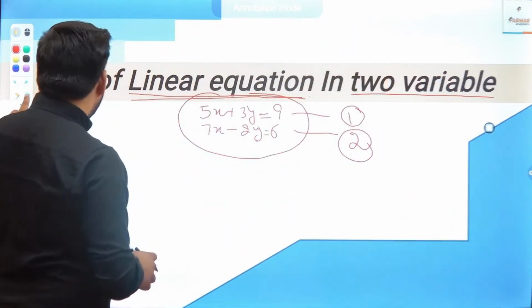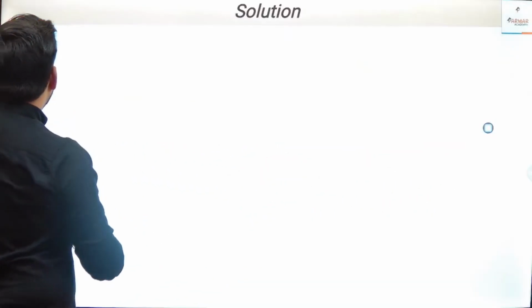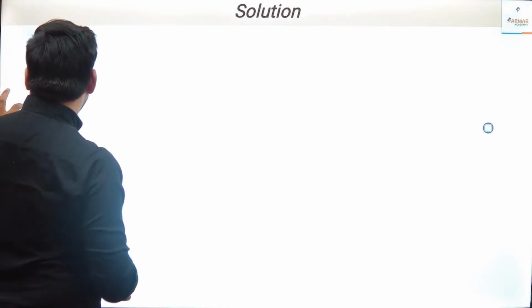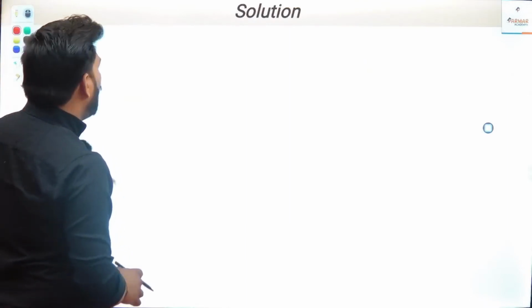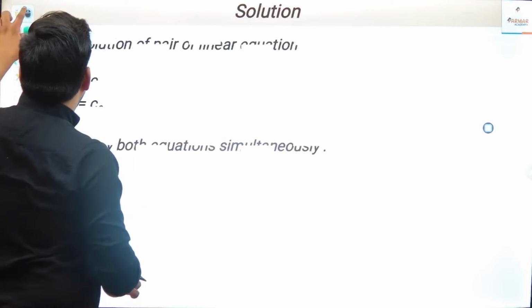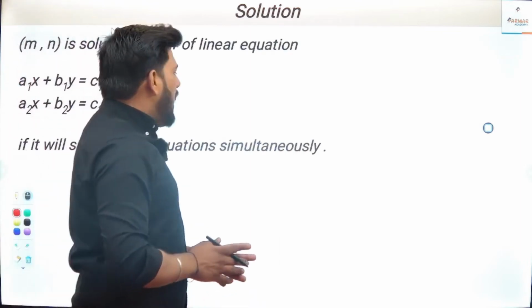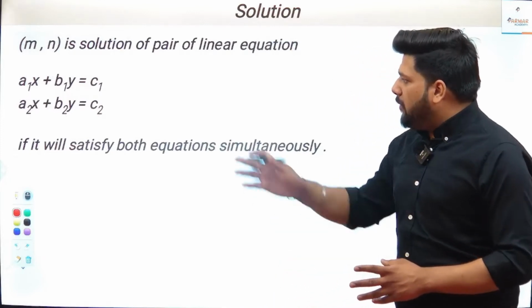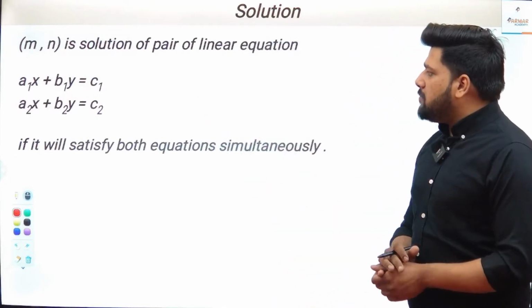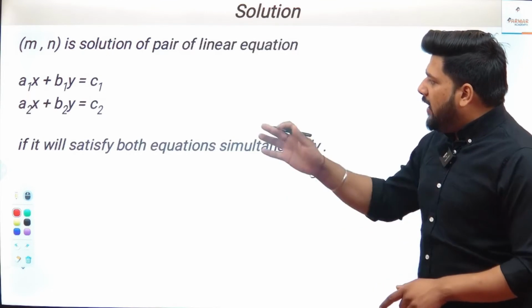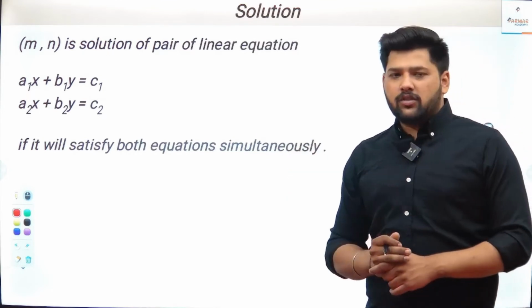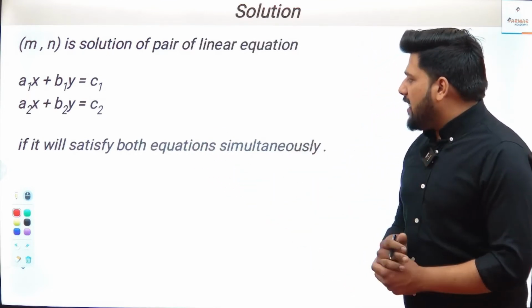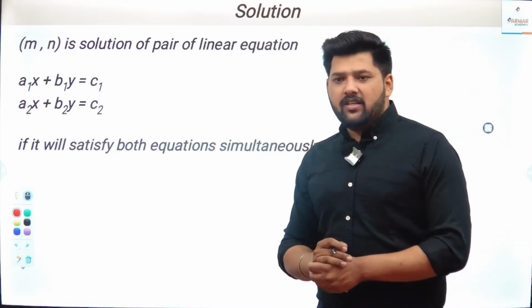The next one is solution. What is the solution of a pair of linear equation in two variable? So a point (m, n) is a solution of pair of linear equation in two variable a1x plus b1y is equal to c1, a2x plus b2y is equal to c2 if it will satisfy both the equations simultaneously.